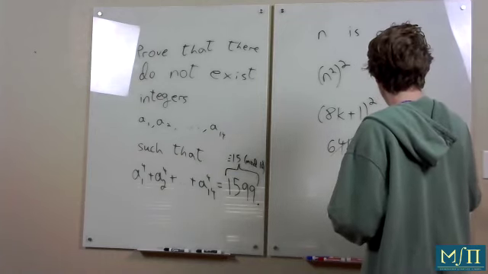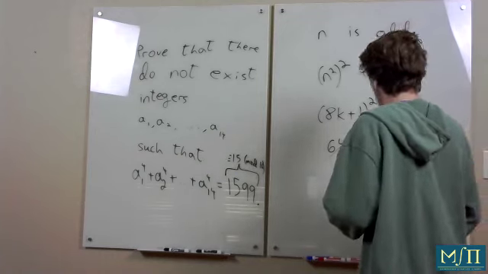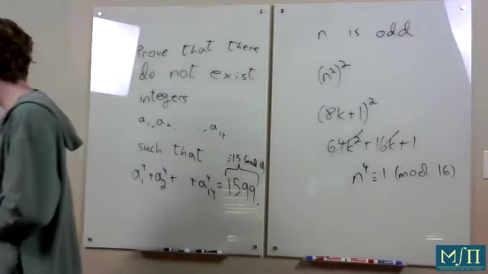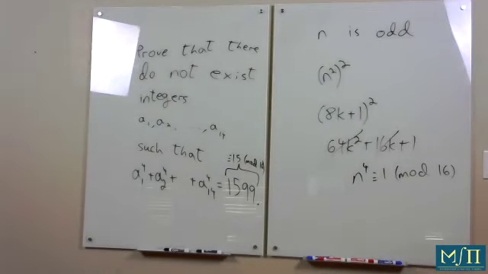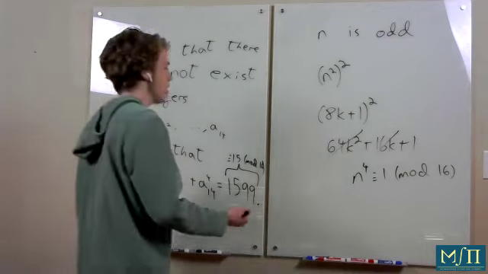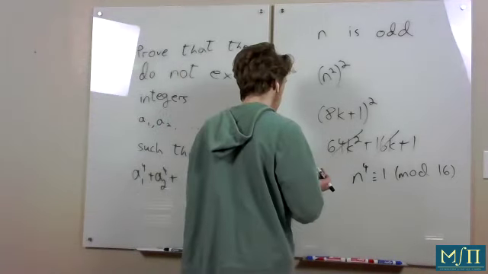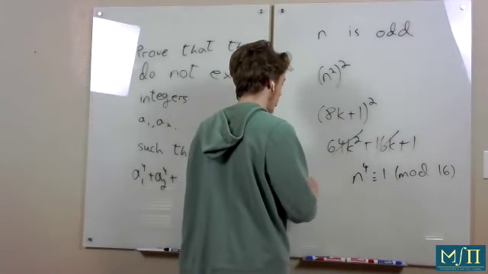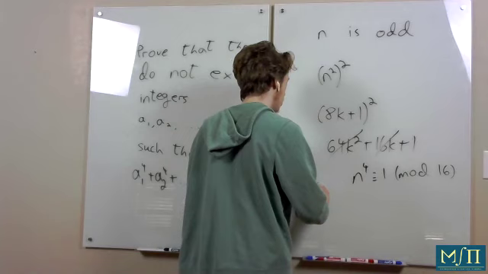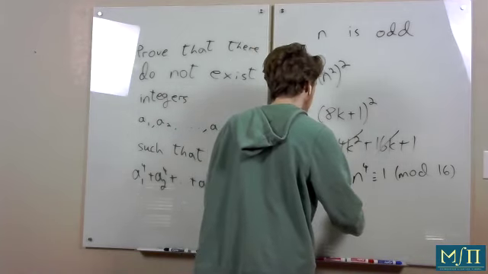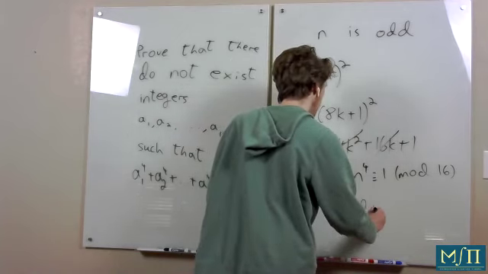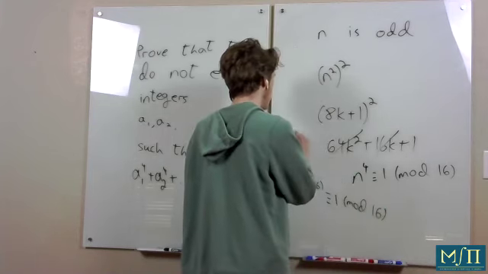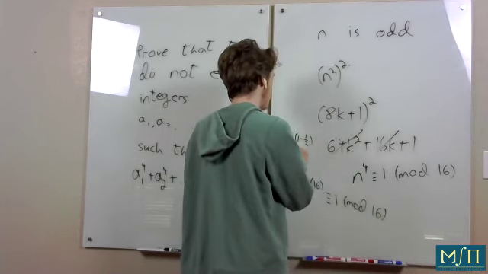And notice, this is actually stronger than what we would get if we applied Euler's theorem. Euler's theorem would tell you that if n is an odd number, then it's relatively prime to 16. It doesn't have any divisors in common with it. But phi of 16 is 16 times 1 minus 1/2, so it's 8.